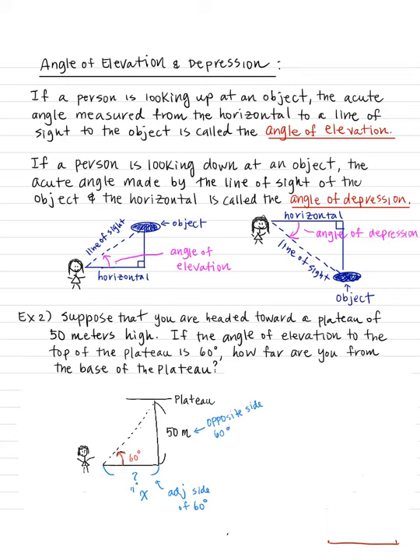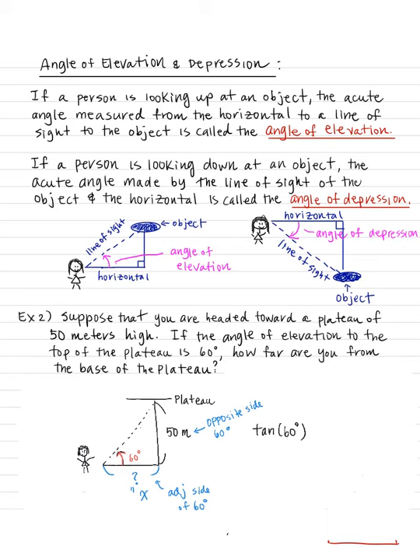So which trig function requires opposite and adjacent? I believe that will be tangent, isn't it? Tangent is opposite over adjacent. So basically, we need to find tangent of 60 degrees.